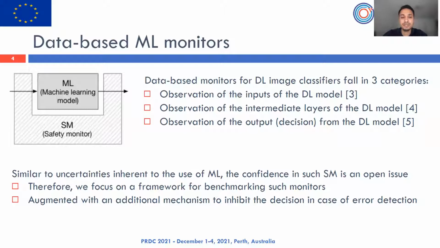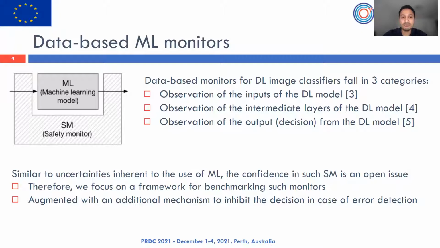The first one is monitoring the inputs of the deep learning model, in this case, images, or observing the intermediate layers of the deep learning model, for example, activation functions coming from the ReLU, or observing the decision of the machine learning model, in this case, the predicted class along with its confidence.